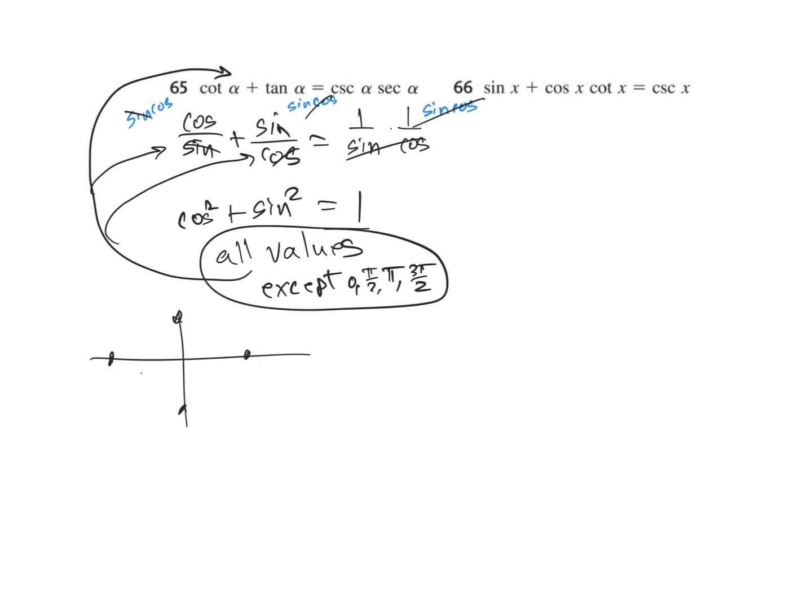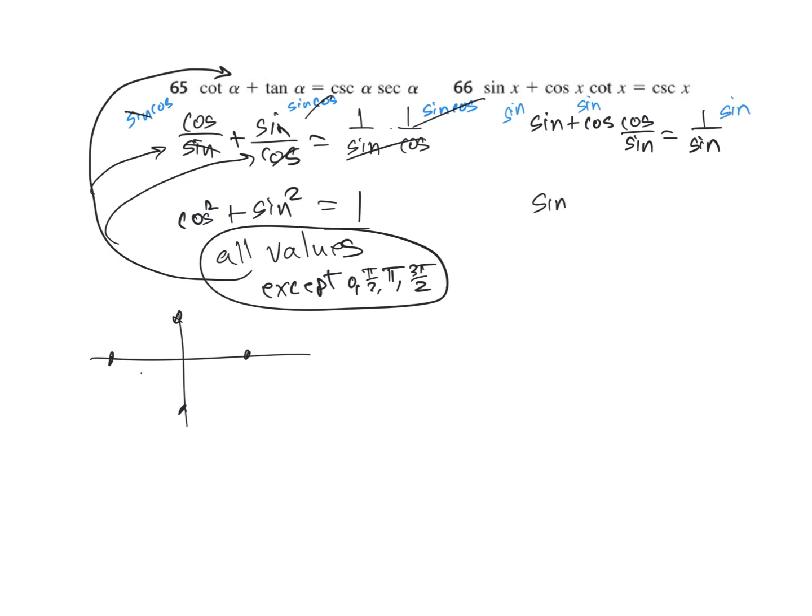Okay, 66. Let's go ahead and change everything to sines and cosines. We haven't done this in a while, and it's good to do it once in a while. Okay, now multiply everything by sine, and look what happens again. We multiply everything by a common denominator. Look at what we get.